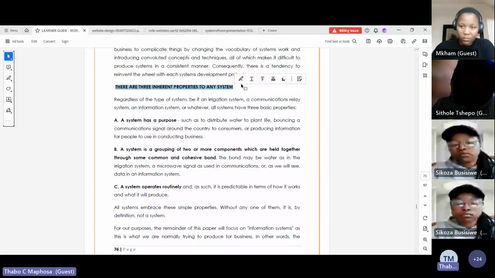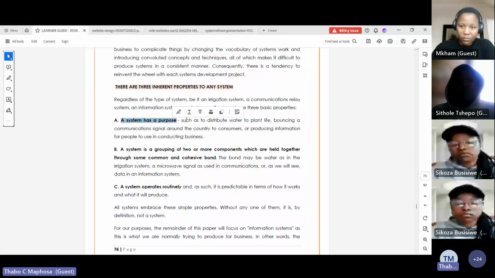The properties of any system are: 1, a system has a purpose. Each and every system has a purpose. For example, the human system.